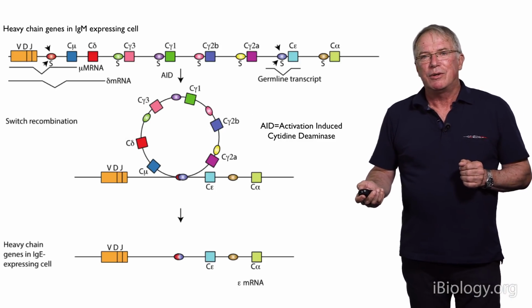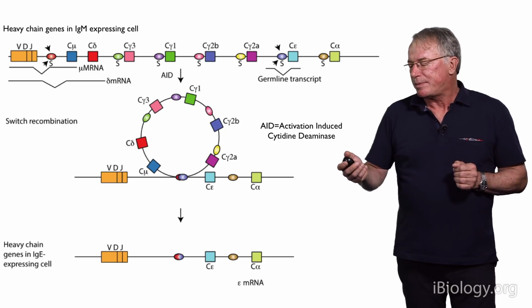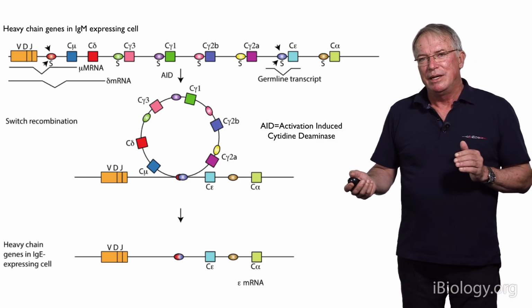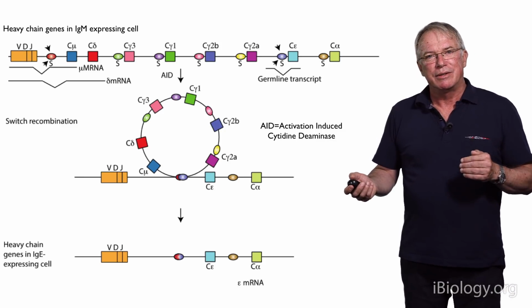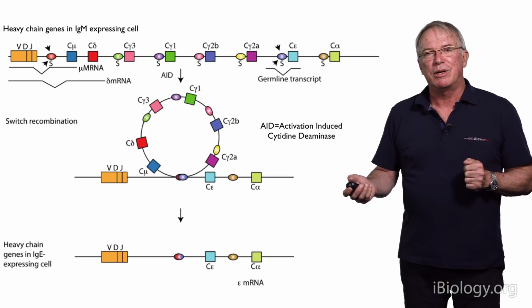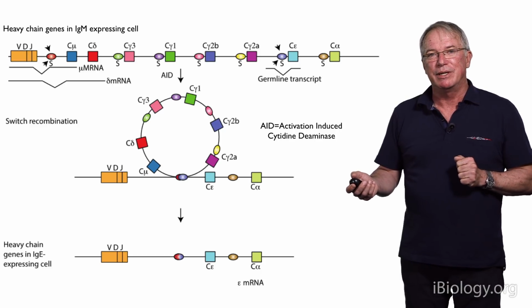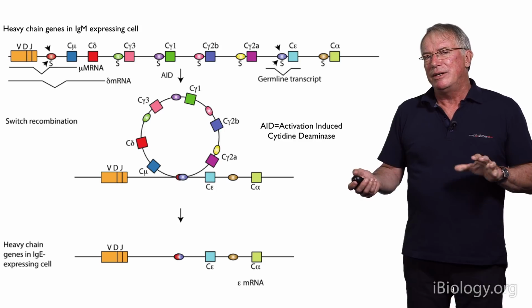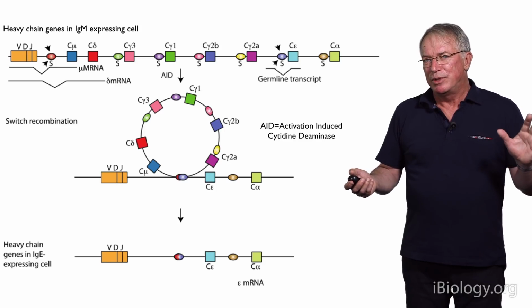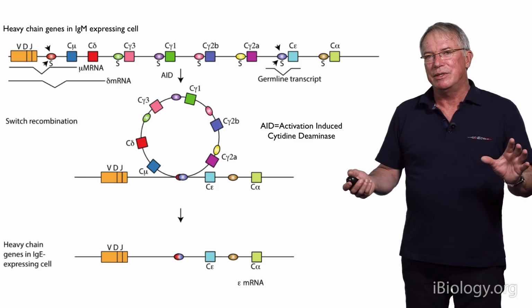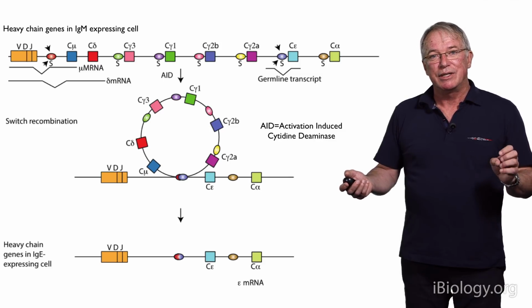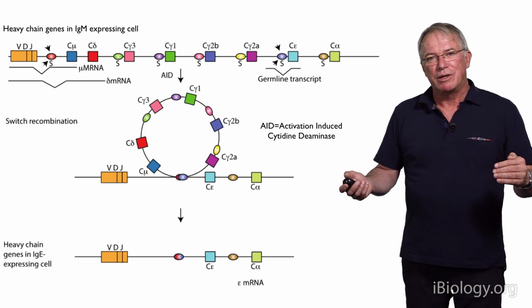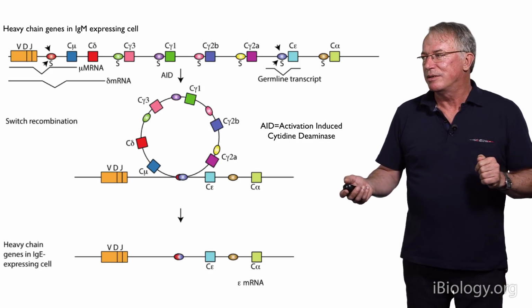Now, how is all of this arranged? It turns out that we have detailed molecular understanding of how this somatic rearrangement process as well as the class-switch recombination occurs. And unlike the enzymes involved in putting together V, D, and J elements, class-switch recombination requires the activity of activation-induced deaminase, expressed in B cells only when properly contacted by T helper cells.